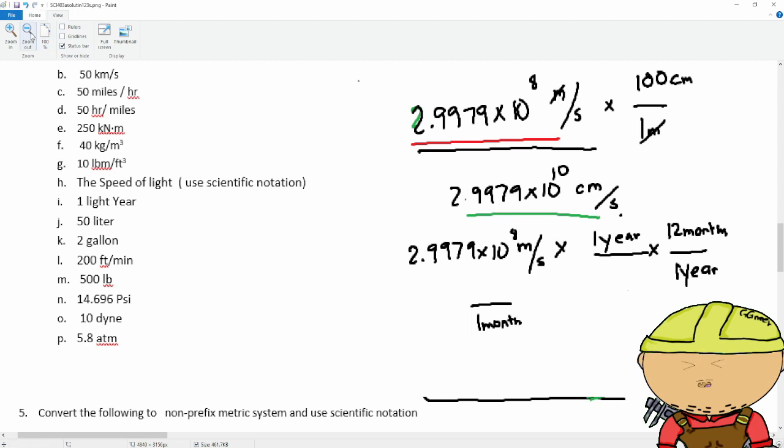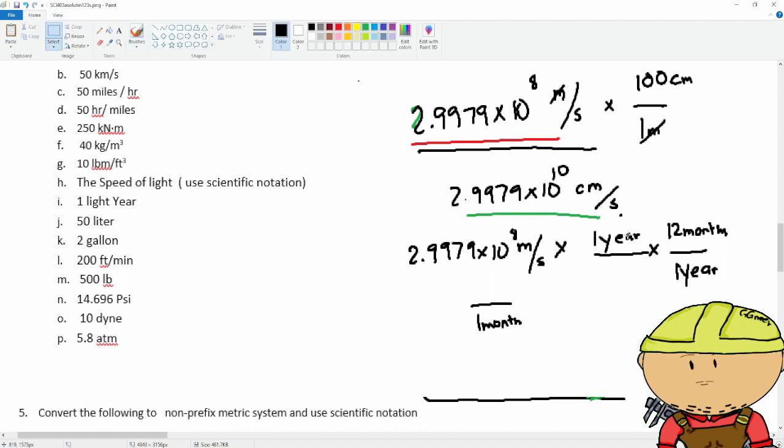How about let's just do this. There's a direct conversion: 12 months is 1 year. You can use 360 days or 365 days depending on your conversion. There is a direct conversion, 1 year is 365 days.